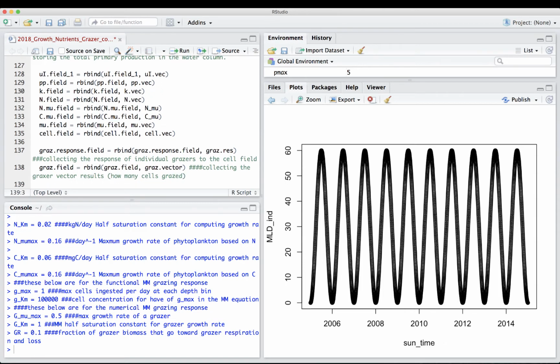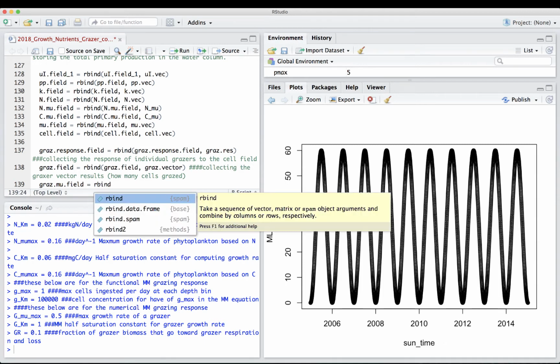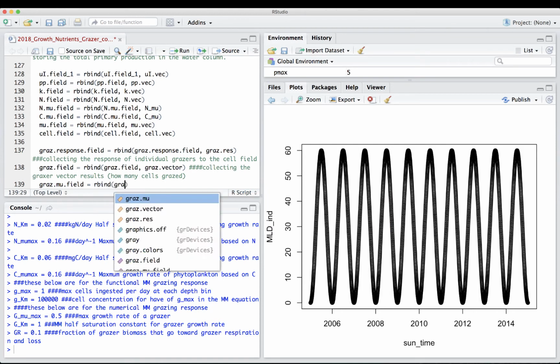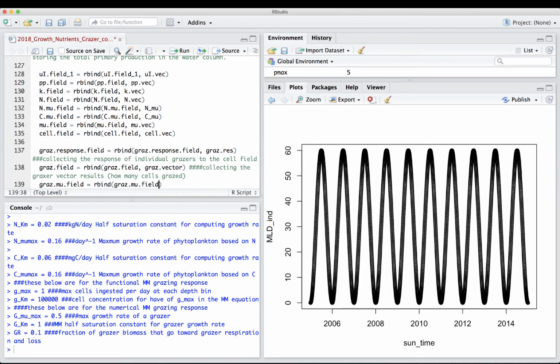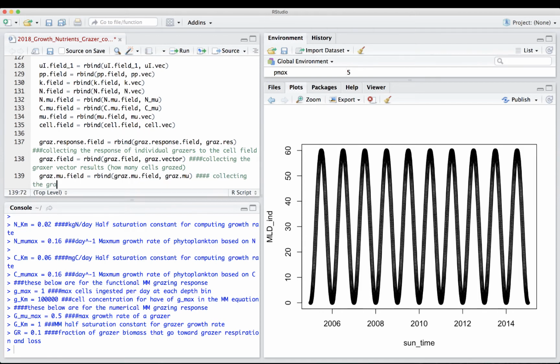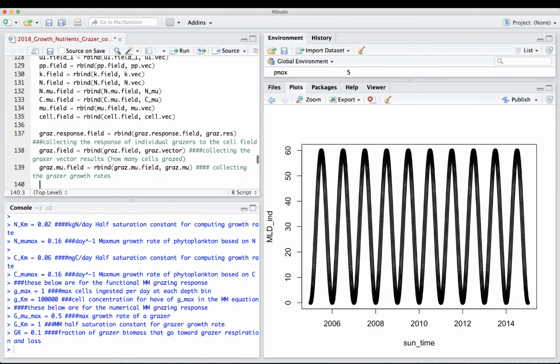Okay, and the Graz.mu field, rbind, growth rates that we're calculating. Right? So this is simply the g.field.